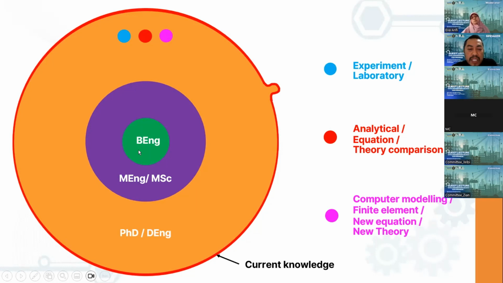The thing is, if you're working as a UG student, you can work on your final year project, one of these. You can choose according to your own interest, according to your advisor, it could be one of these, or a combination. For example, you can do only experiment and report. But some of you may say, I don't like to cast concrete, I like computer simulation. Then do computer simulation only and use previous test results from others and compare.